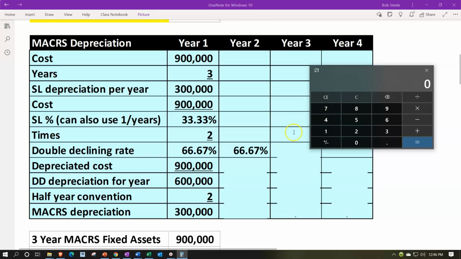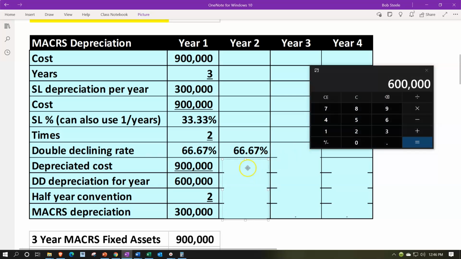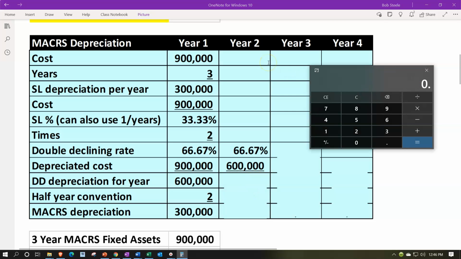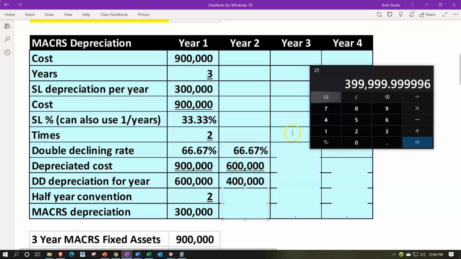And then we're going to take our 900,000 minus the last depreciation, 300,000. So kind of like the book value for tax purposes, which I know sounds funny, but basically the asset minus the accumulated depreciation would be 600,000. 600,000 times 0.66666 on forever would be about 400,000, rounding.